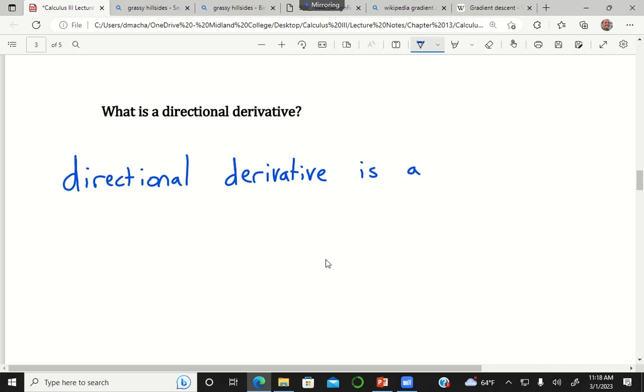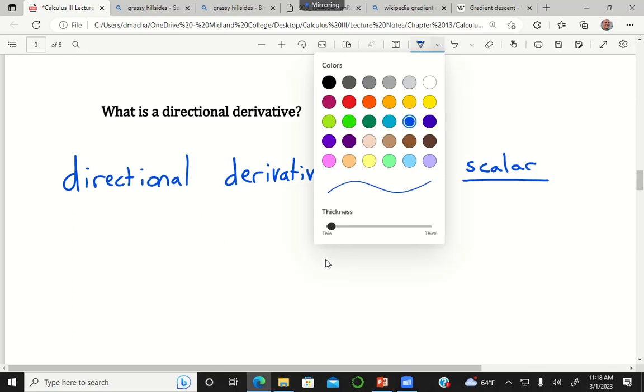It's a scalar, so it's just a number. It's just a magnitude. And what the directional derivative tells you is this.